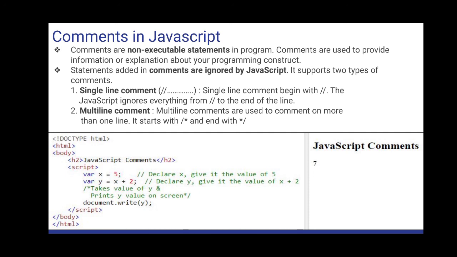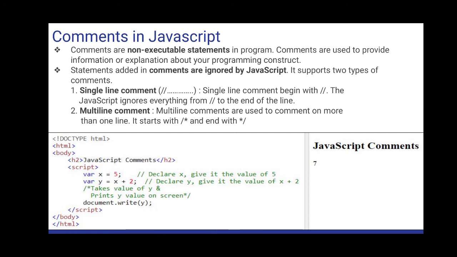Next, document.write, and in the brackets I am giving the y value. It will calculate the value of y and simply print it. In the output on the right side you can see H2 JavaScript comments. The JavaScript comments have been applied with the H2 tag, and then on a new line document.write displays the value of y, because in document.write(y) we have to print the value of y.